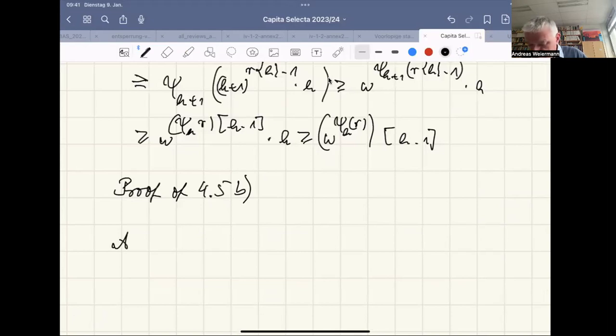Okay, assume PA proves for every M that there exists L such that M_L hits 0.